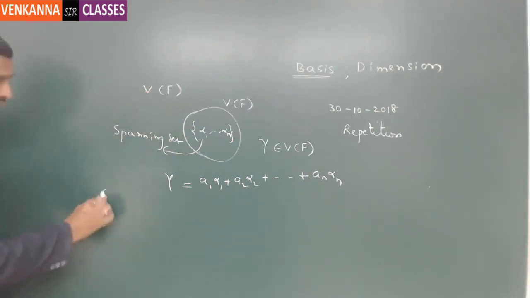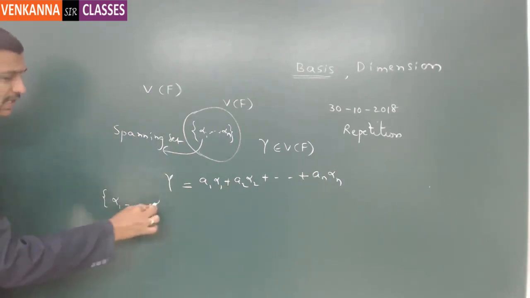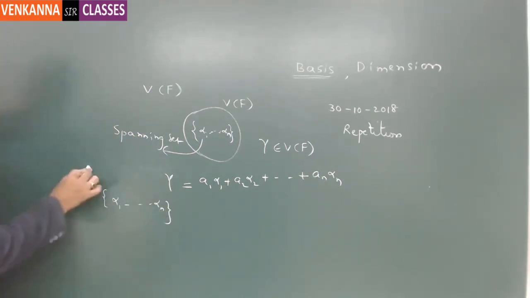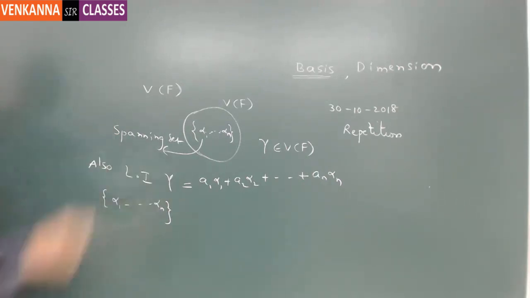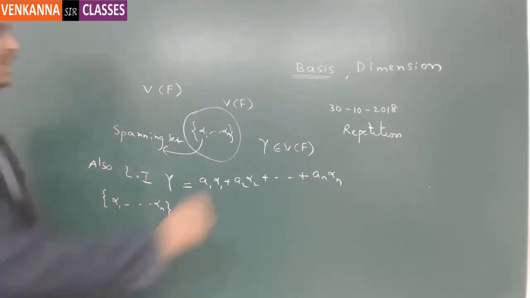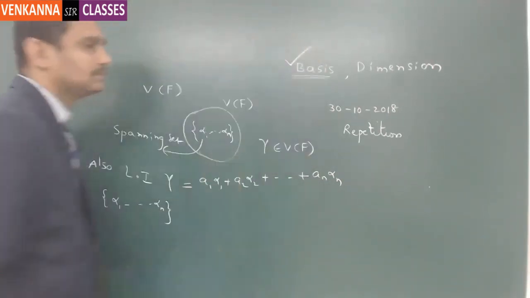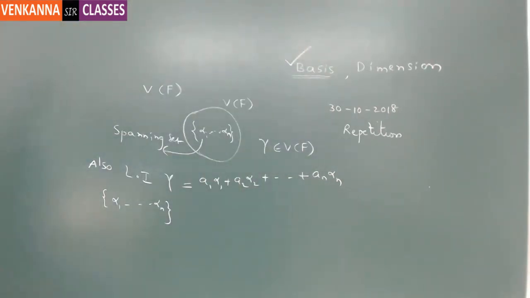If this set is also linearly independent, then we say that it is a basis for V. So what is the definition of basis?